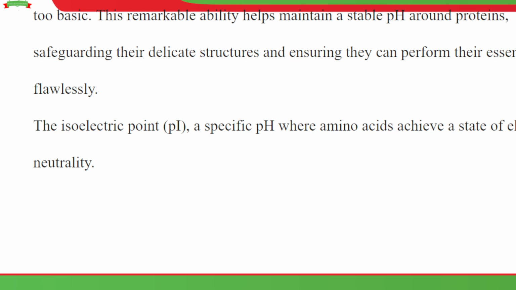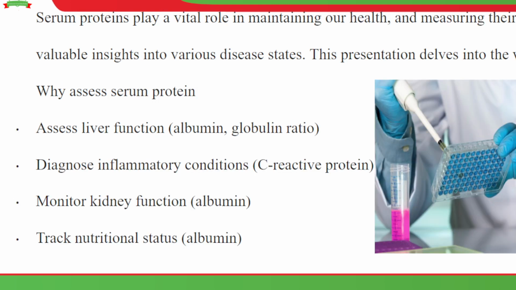One key thing to know is a specific pH where an amino acid achieves a state of equal neutrality, meaning the positive charge is the same as the negative charge. That is what we call the isoelectric point. There is a specific pH that makes it that way.